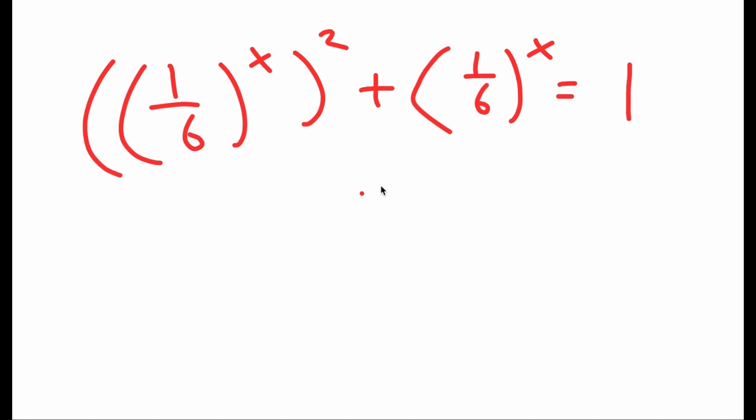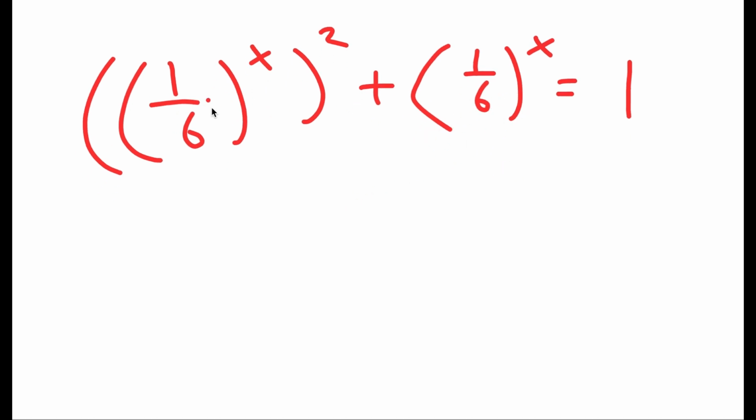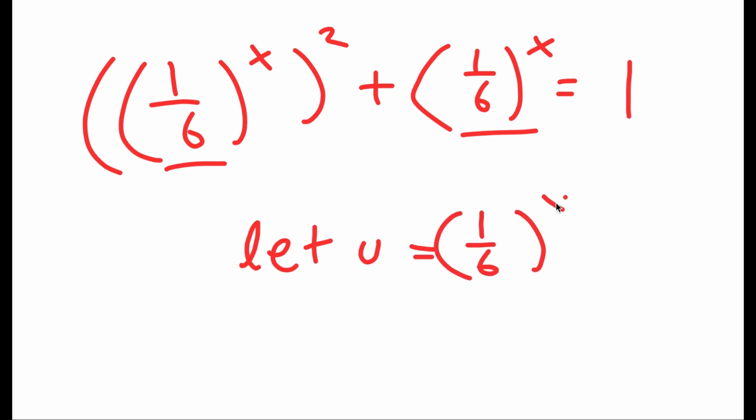And now, to solve this, we need to find a way to ignore this 1 over 6 to the power of x because it's a little complicated. And because both of these terms have it, what I'm going to use is something known as u substitution, where basically I'm going to let a variable called u equal to 1 over 6 to the power of x.